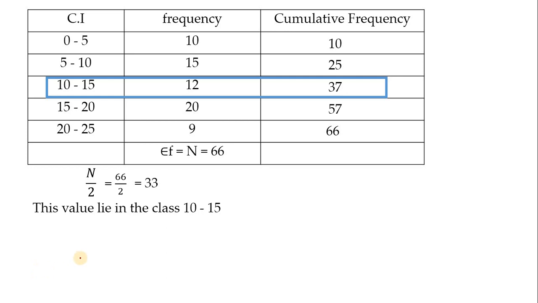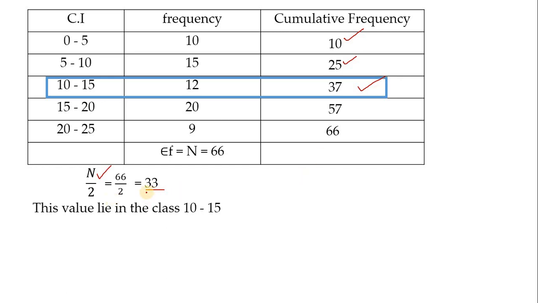I repeat again. First find n by 2. We have got 33. 33 belongs to which class interval? For that you want to look at the cumulative frequency. Here 1 to 10 numbers will be there, here from 11 to 25, and here from 26 to 37.